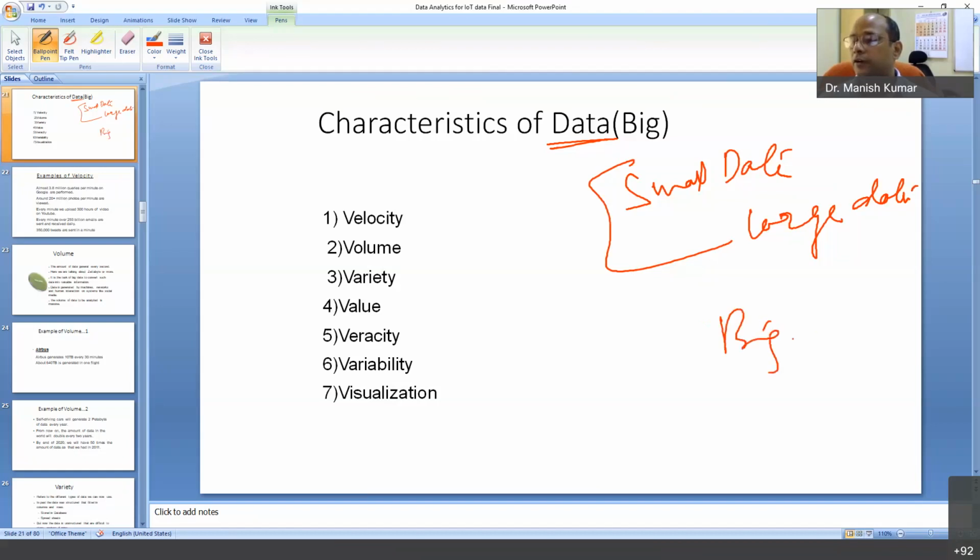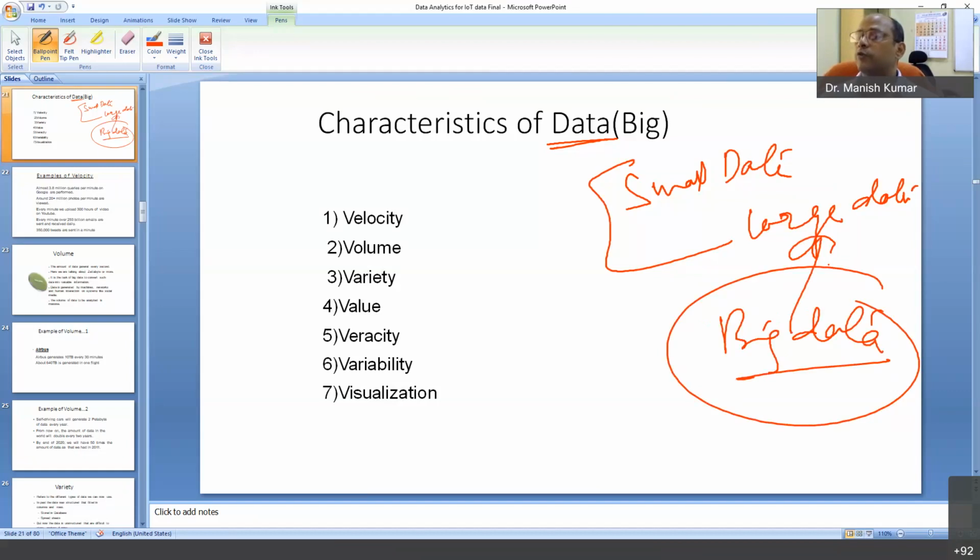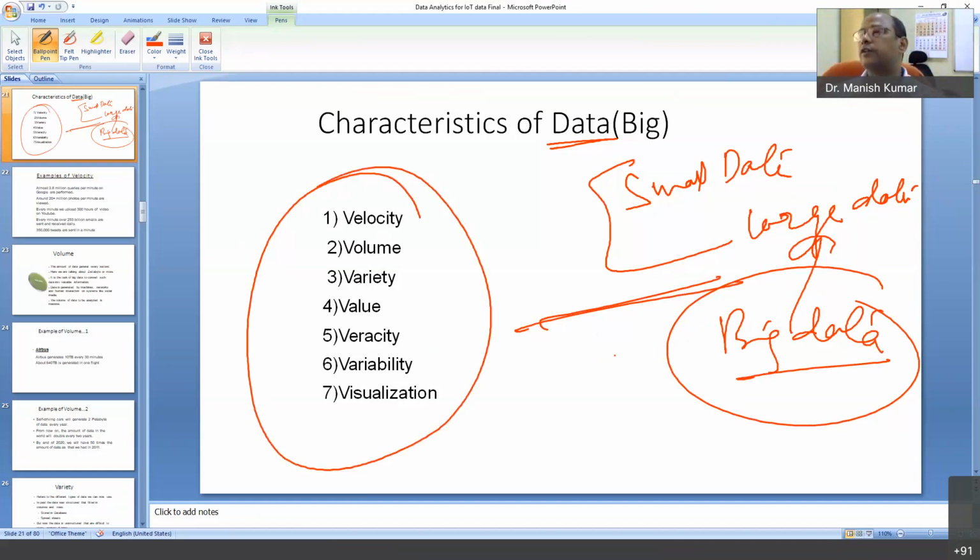Now, how is this big data different from the large data we had? There is a thin line of difference, and obviously these characteristics can define that difference. So that is what we are looking for.